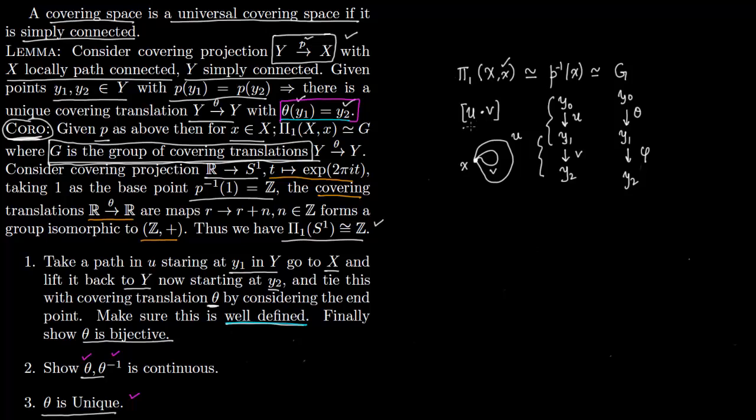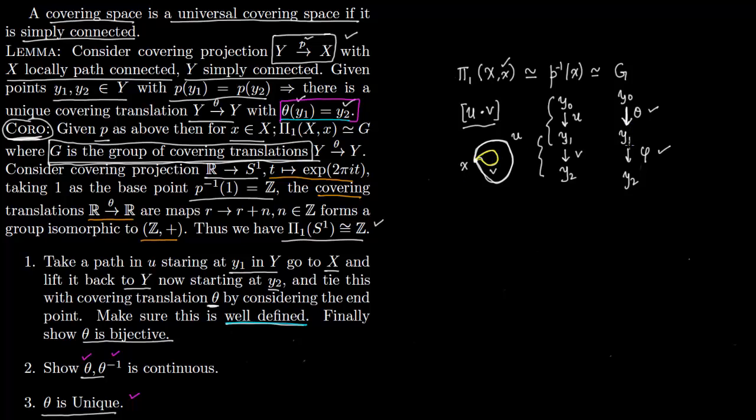So this composition of loops is the same as composition of these maps. You first apply u and then you apply v. So you go around like this. First u, which means you first go theta. The second part is, once you have gone around u, now you go around v.